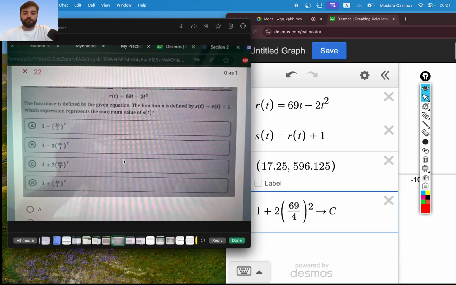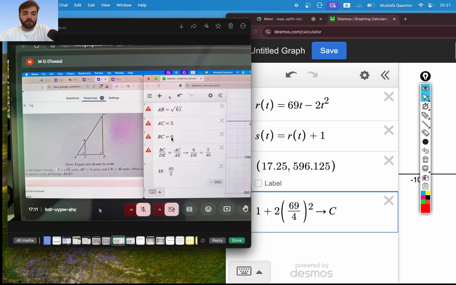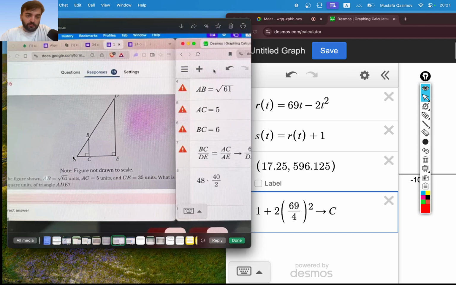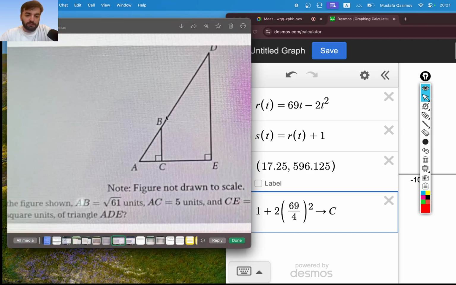Yes. This one. Here, AB is equal to square root of 61, right? AB is equal to square root of 69.